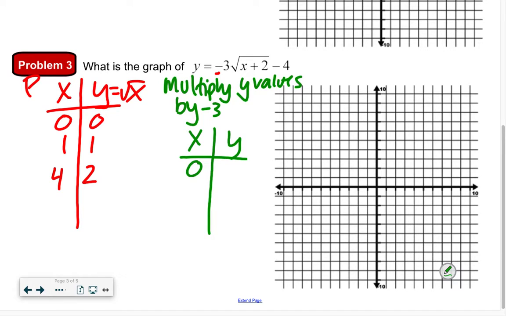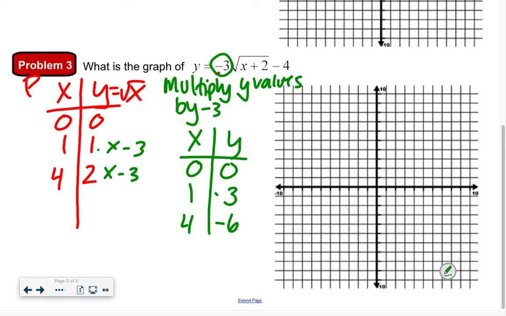I just multiply by negative 3. 0 is still at 0. If I take my 1 and times it by negative 3, I get negative 3. If I take my 2 times it by negative 3, I get negative 6. So first, multiply by what's outside.